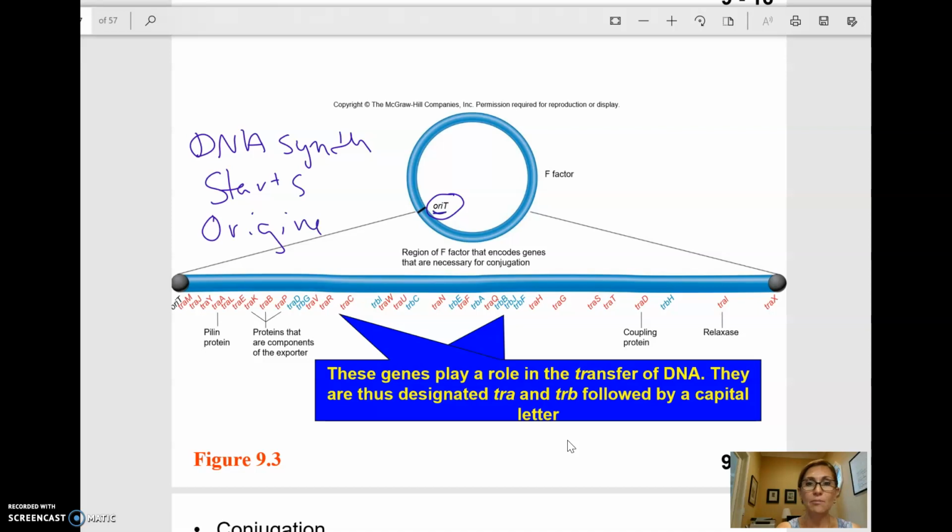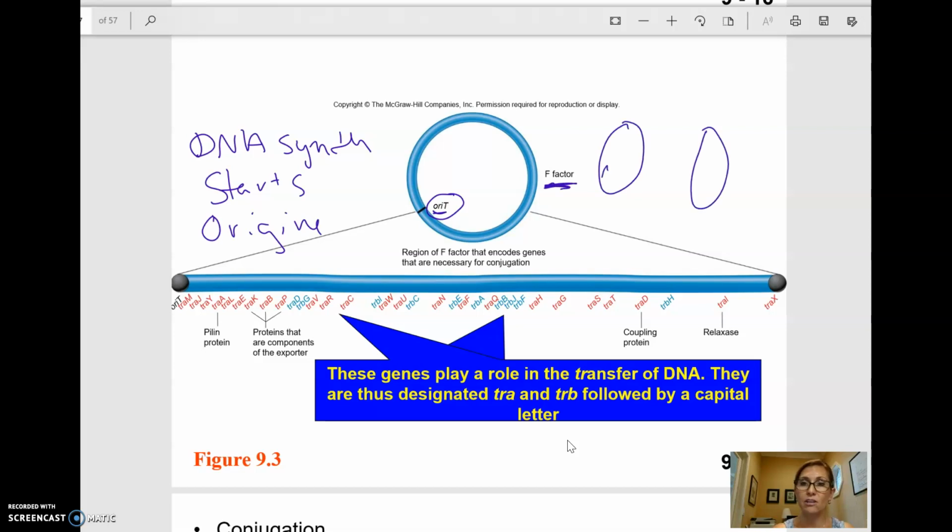And here its name is just ORI-T. And this whole plasmid or episome is called F factor. When you look at each one of these little words like TRA-A, TRA-V, TRA-C, each one of these are genes that play a role in transferring a small piece of DNA, the actual F factor, from one cell to the next.